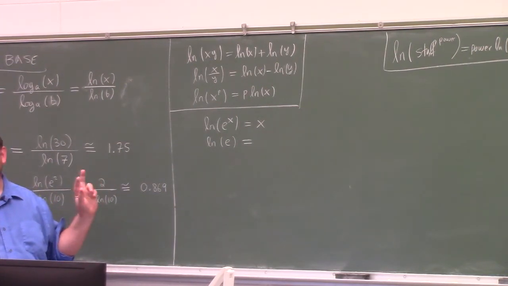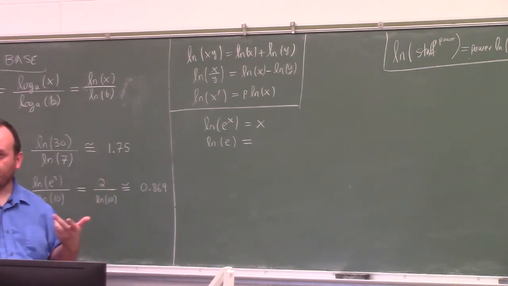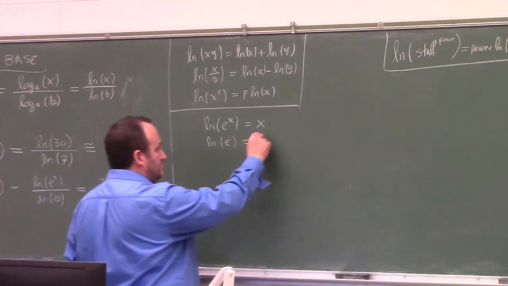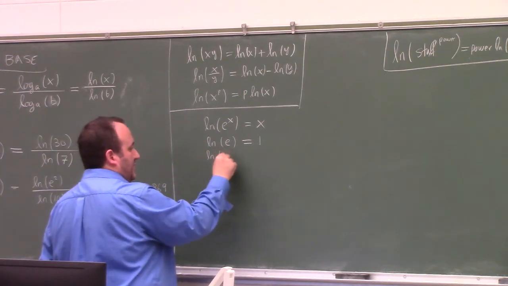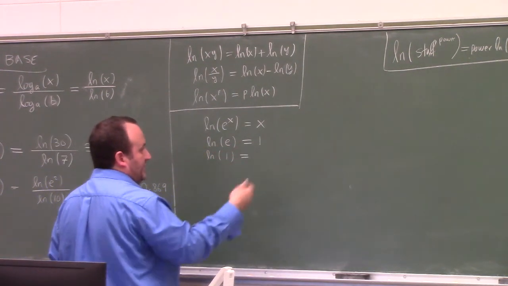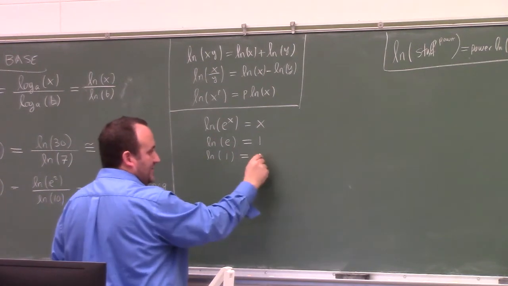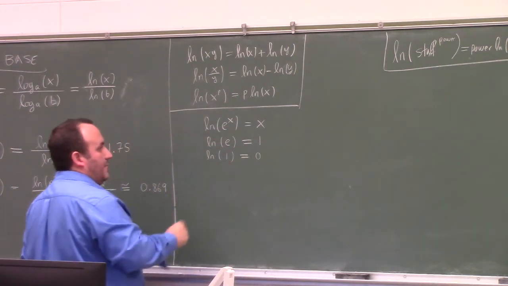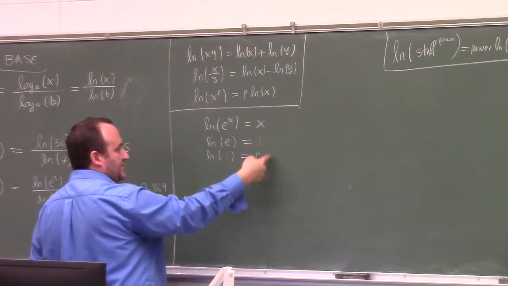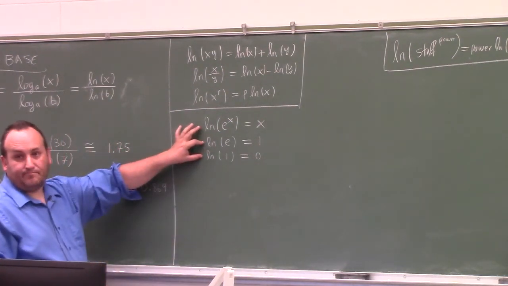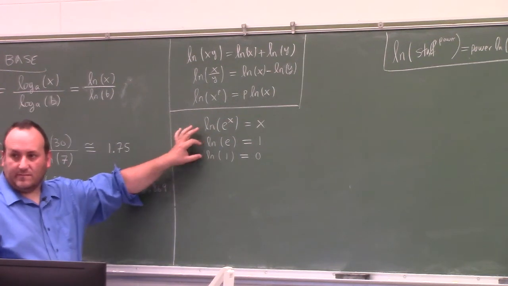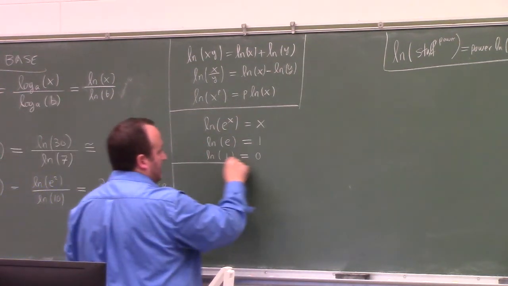Natural log of e to the 1 is 1 again. And of course also natural log of 1, well, that's natural log of e to the 0, which again is 0. So if you understand the top one, you can get these for free, but honestly, I think it's good to have these memorized, all right? At least they should be on the sheet of remembrance, right?